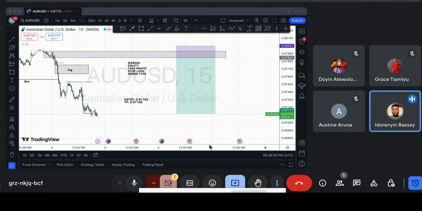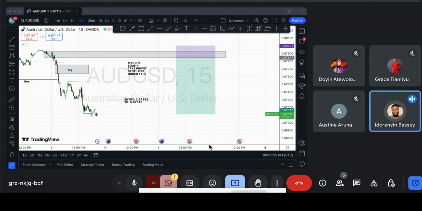Let's look also at setting your take profit. You must look at these things when setting your take profit level: consider factors like your trading strategy, the current market conditions, and technical analysis.